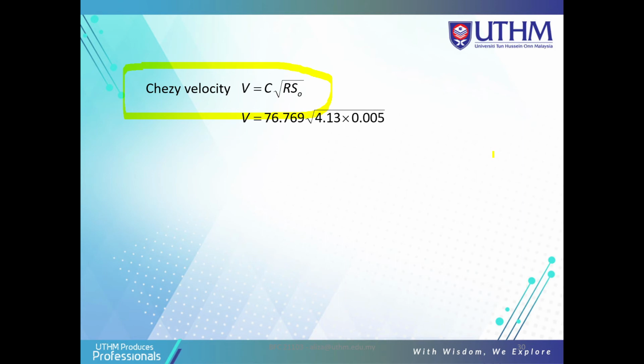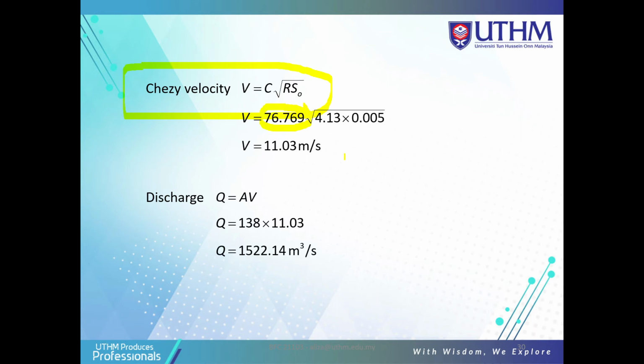Put the value of C that you got from the Ganguillet-Kutter formula into this equation, so you get the velocity as 11.03 meter per second. After you get the velocity, you get the discharge.